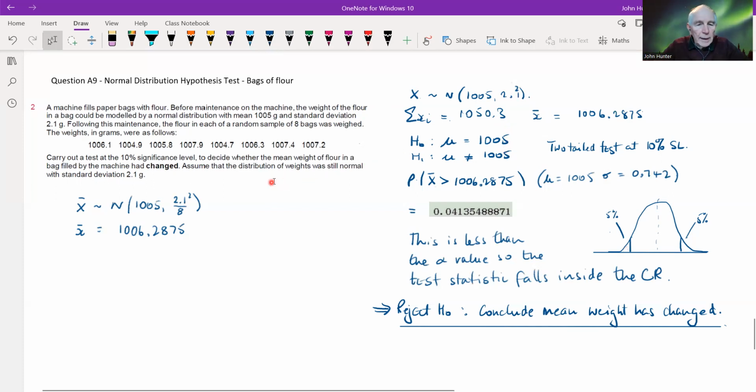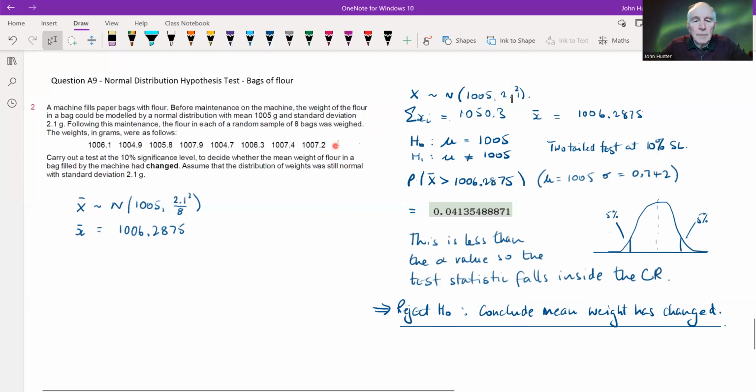Okay, so some thoughts here. We've got a random sample of 8 bags. So when we take the mean of these, this is the natural thing that we would do with the normal distribution: take a number of readings, take the mean of them.